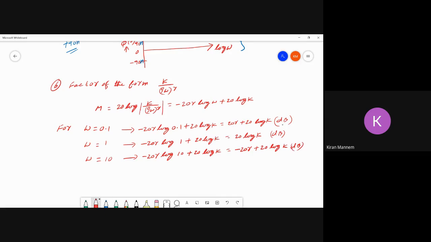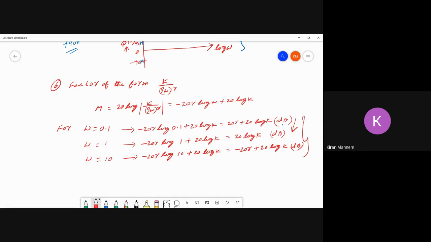So when we change the frequency in terms of decades, there is a change in the magnitude. Let us find out the difference in magnitude. What's the difference between the first two quantities? Let's subtract them. You have minus 20 into r dB difference.